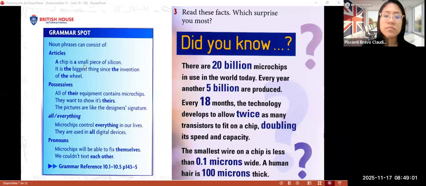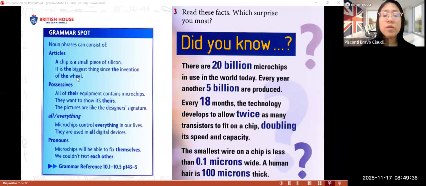Any of these chips is a small piece. Now, when we want to refer to something in particular, we usually use the. The is for something more specific, not any other. It's just this one. For example, it is the biggest thing since the invention of the wheel. We know we're talking about the wheel and the invention, and we're putting more emphasis on this thing.